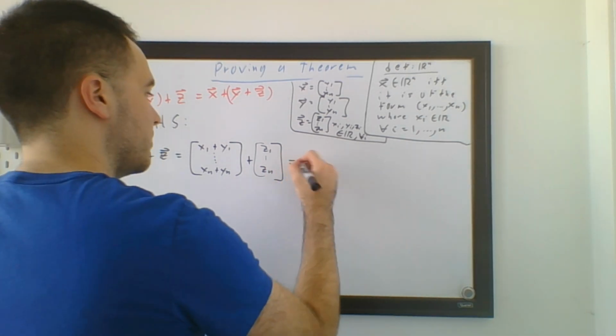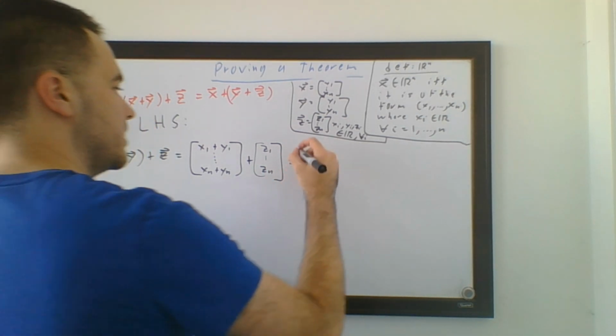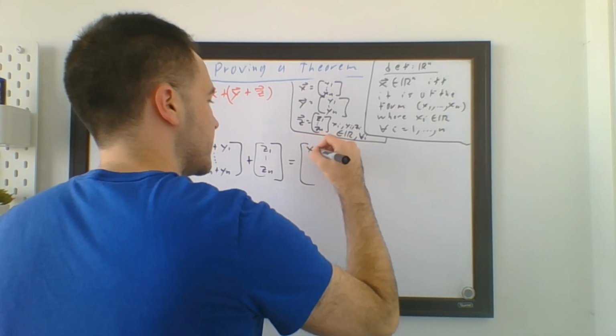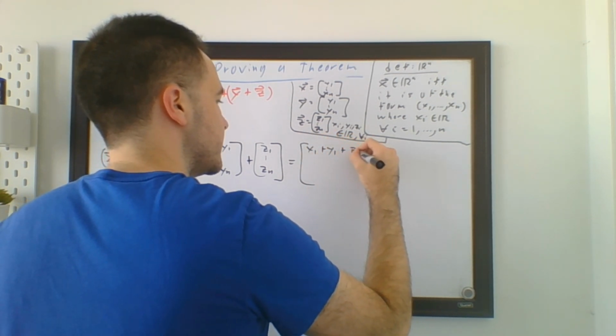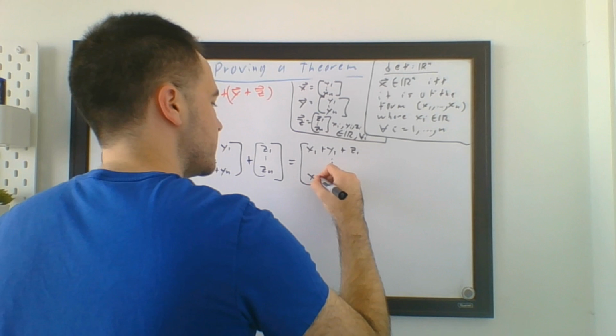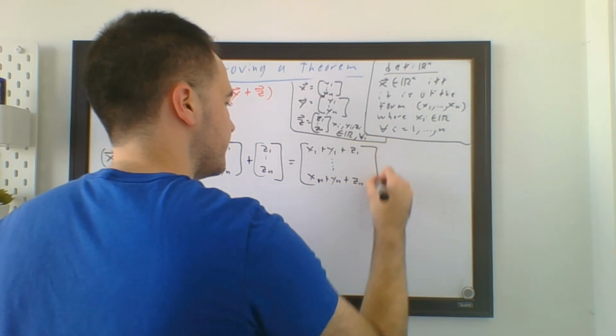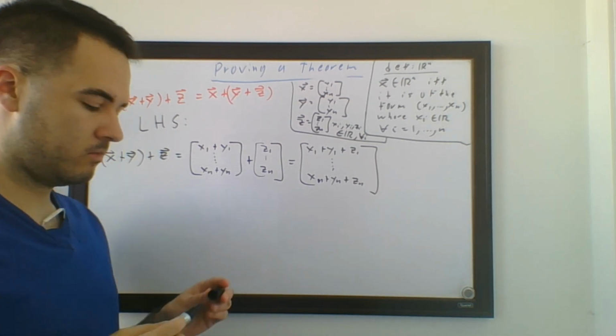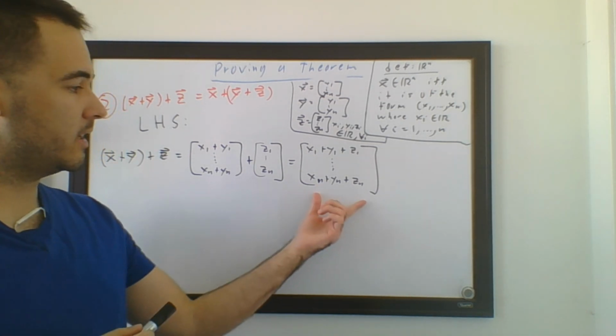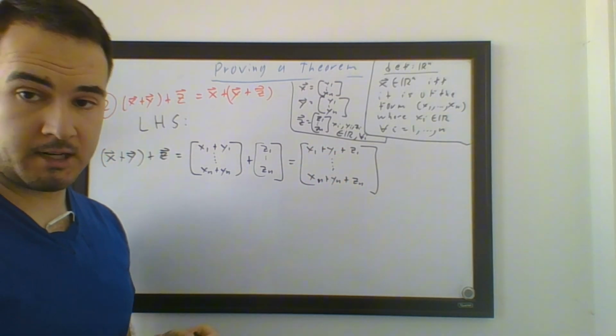Okay, now we can use the definition of vector addition again in order to do x1 plus y1 plus z1 and xn plus yn plus zn. Okay, so we've shown the left-hand side is each of the elements just added together.